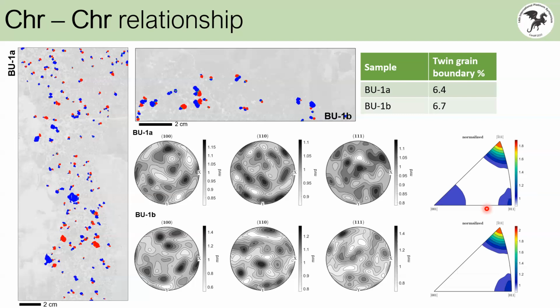Now, Jerry, when we look at the calcium antiphase in chromite, it's exactly the same. Very much is. And Jerry, actually, nice is right.